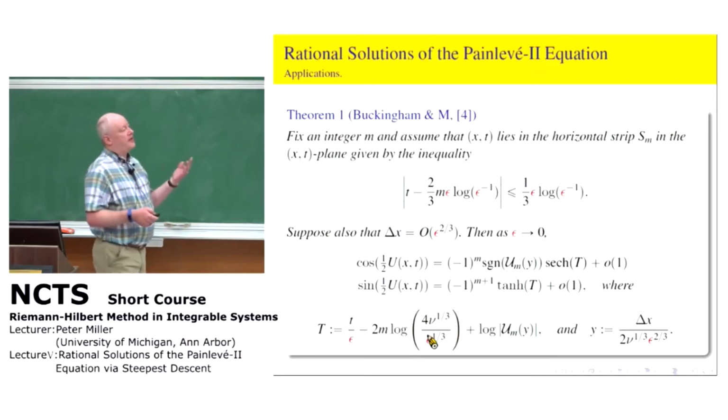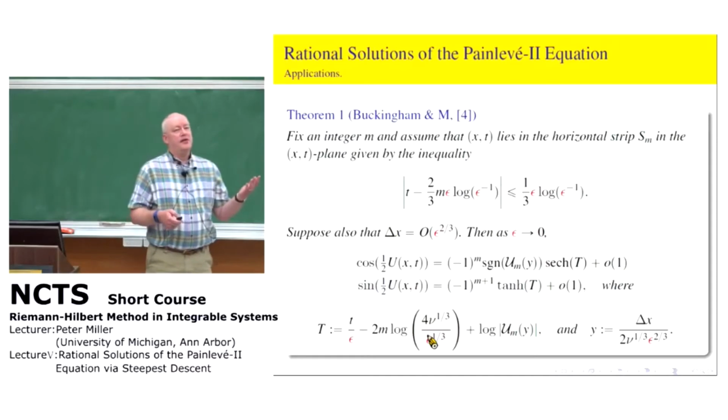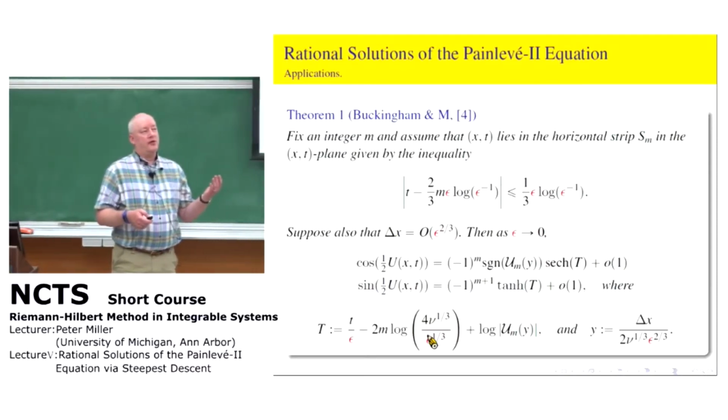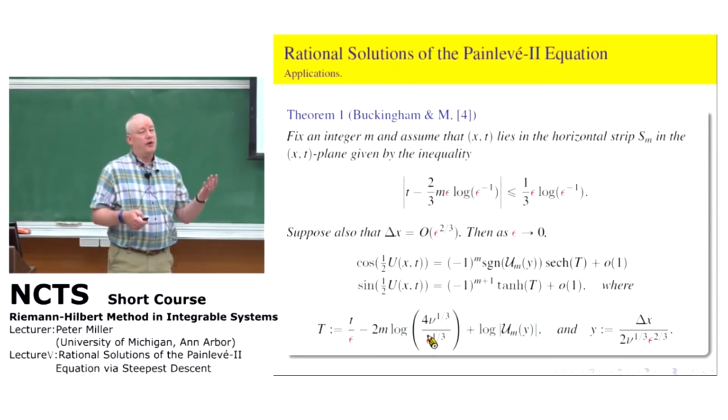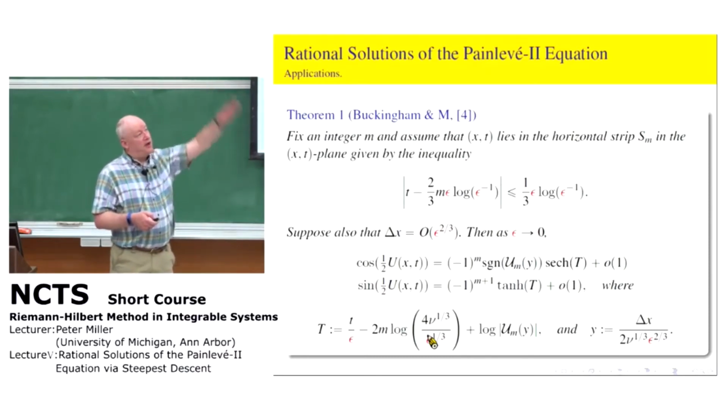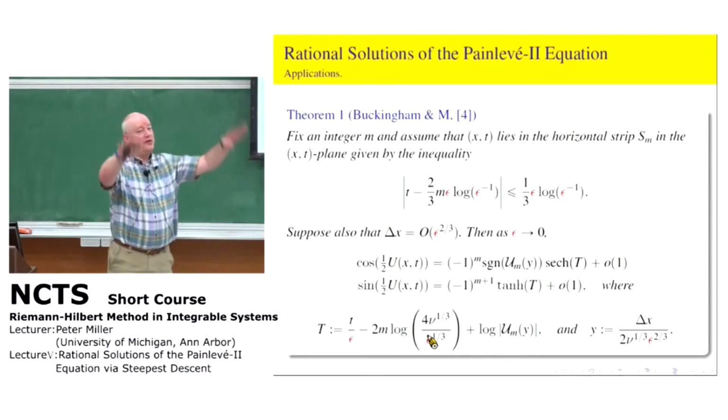If you think of capital T as just the time in this problem, then what this solution represents is what's called the kink solution of the Sine-Gordon equation, and that's exactly this homoclinic orbit that connects the vertical configuration to itself. All the pendulums are doing this synchronously.